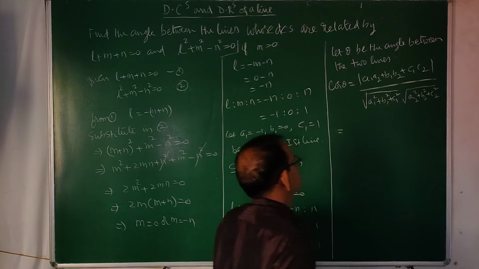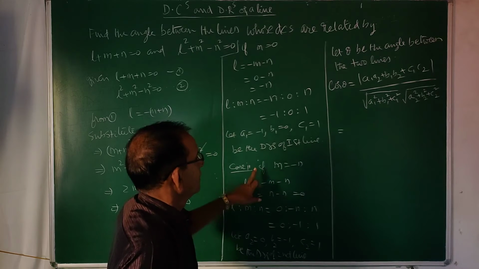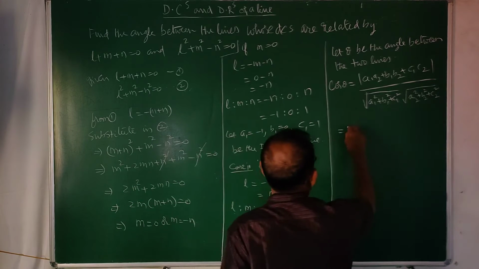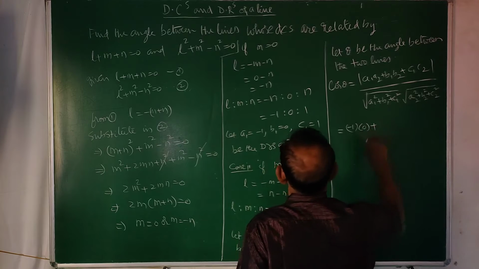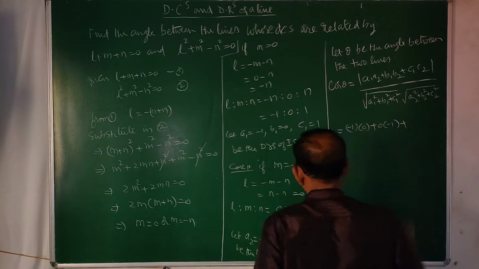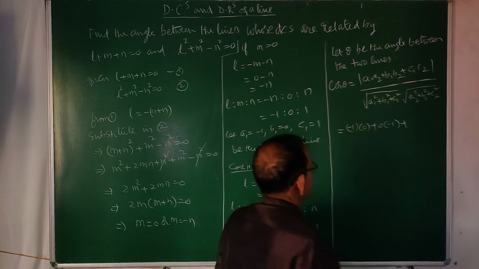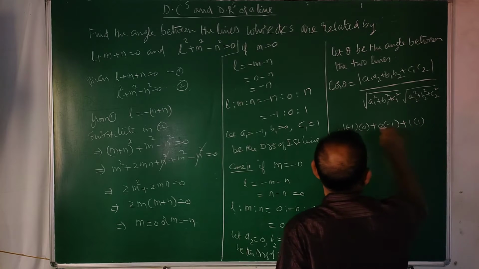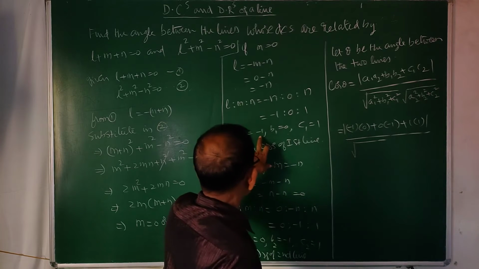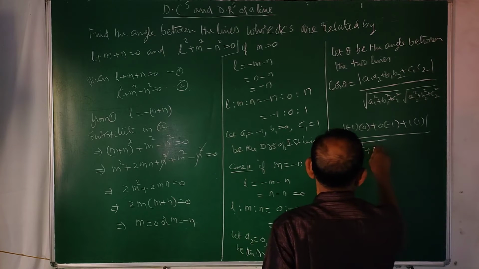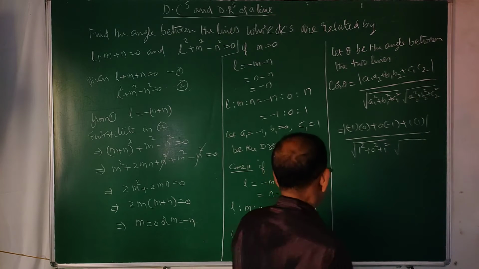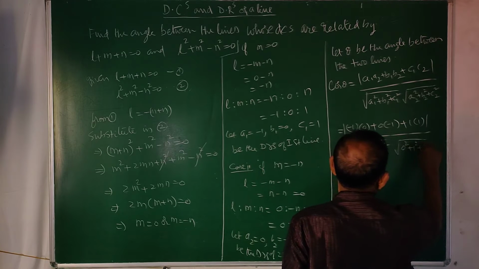That is equal to, A1 is minus 1, A2 is 0, minus 1 into 0 plus B1 B2, 0 into minus 1, plus C1 C2, 1 into 1, modulus, by root of A1 square plus B1 square plus C1 square, 1 square plus 0 square plus 1 square, into A2 square plus B2 square plus C2 square, that is 0 square plus 1 square plus 1 square.